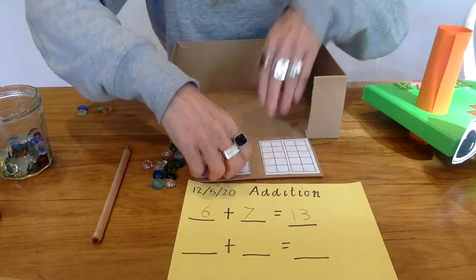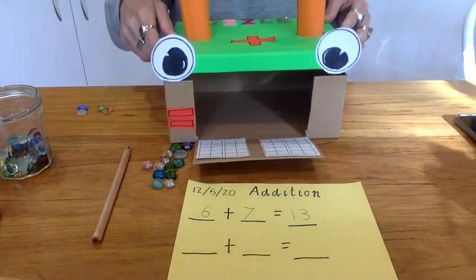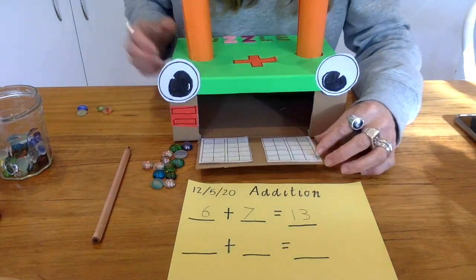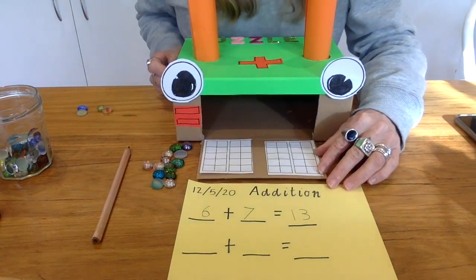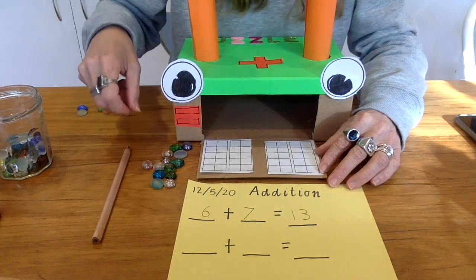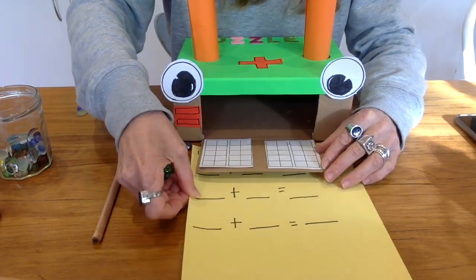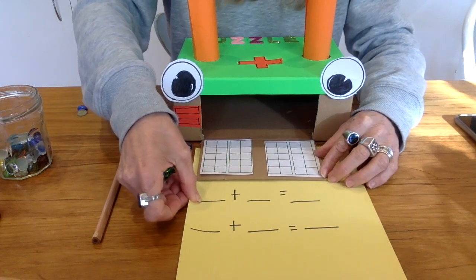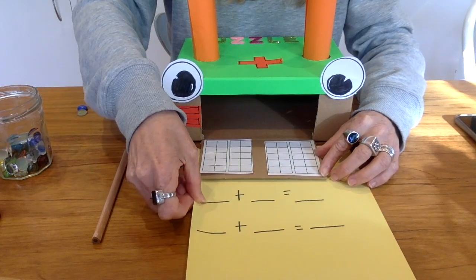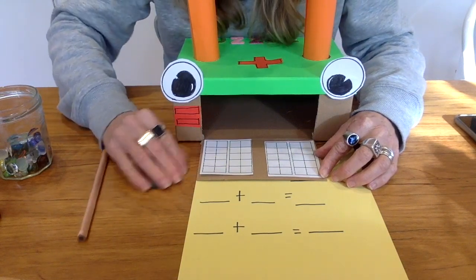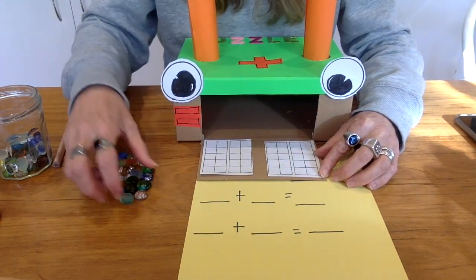Now I'm going to show you a slightly different way. If you're finding counting all a little bit easier and you would like to move on to the counting on strategy, which means we need to count on from the biggest number. So it's a little bit harder than the counting all strategy. So first of all, I'm going to get 2 groups of counters.